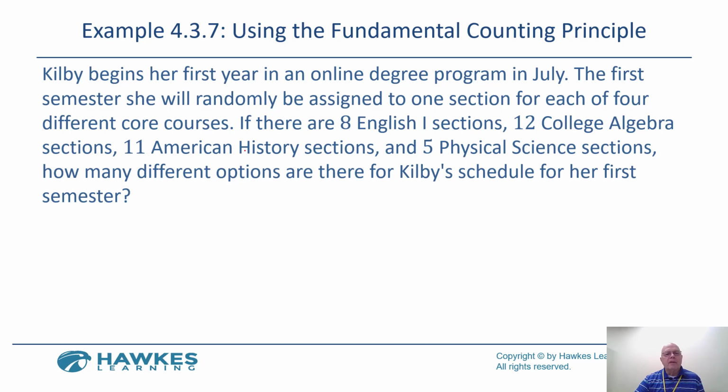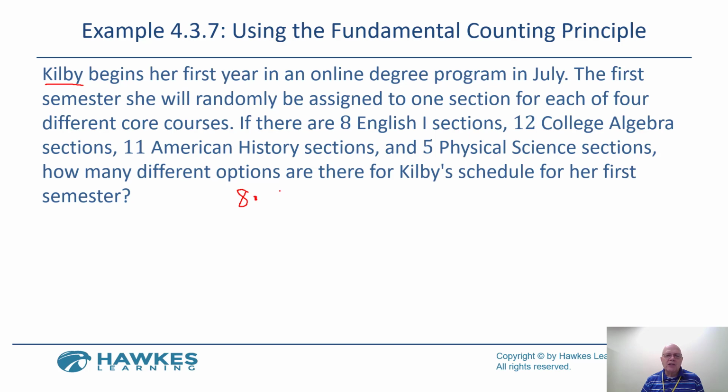Here's an example. Kilby is beginning her first year, and she's going to have English, college algebra, American history, and physical science. How many different ways can she put together her first semester with those 4 subjects? Well, take 8.